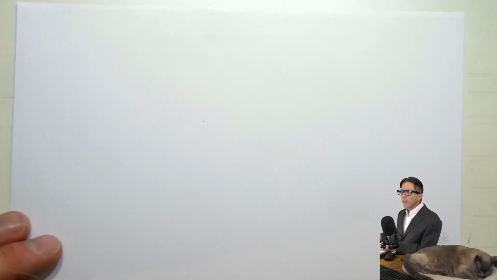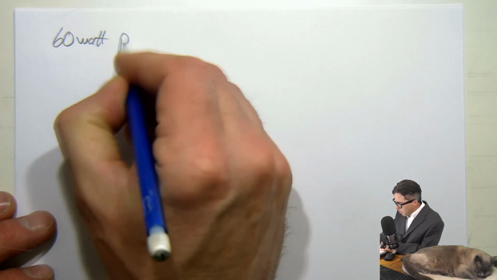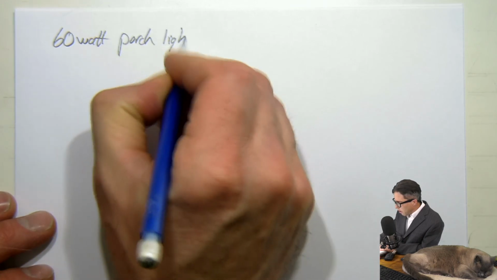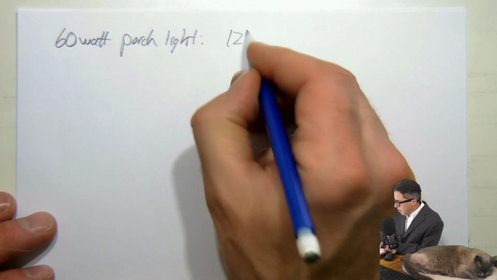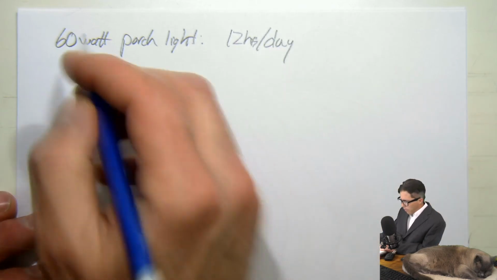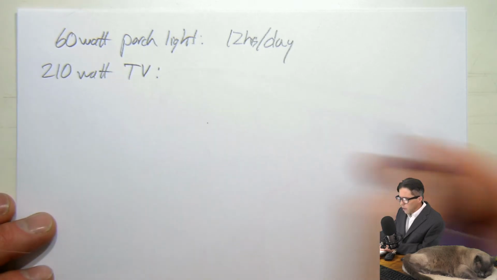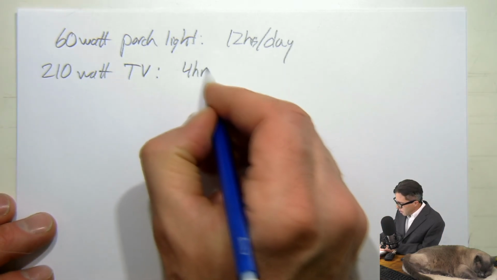So we could have a scenario such as this. I've got a 60 watt porch light, and it's on for 12 hours a day. I have a 210 watt TV. It's on for 4 hours a day.